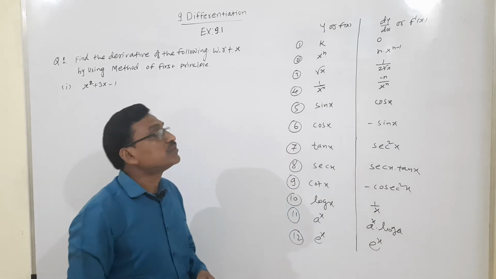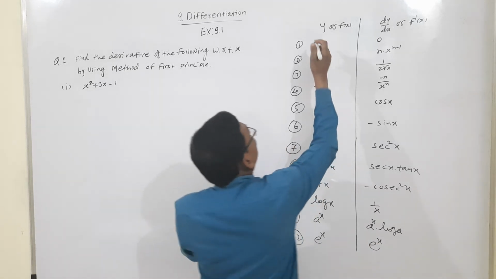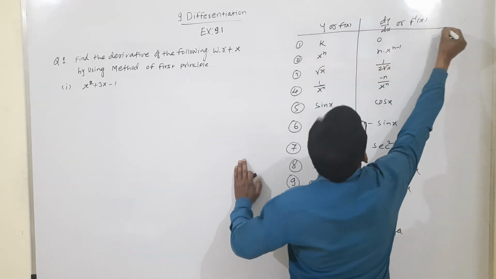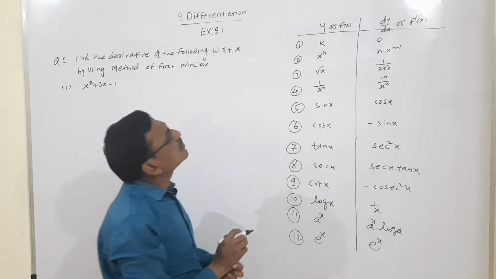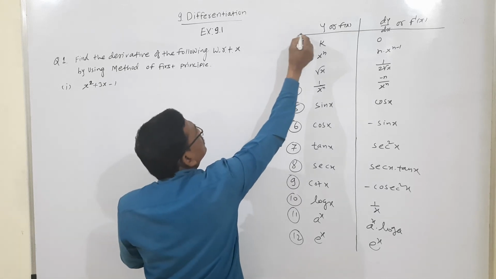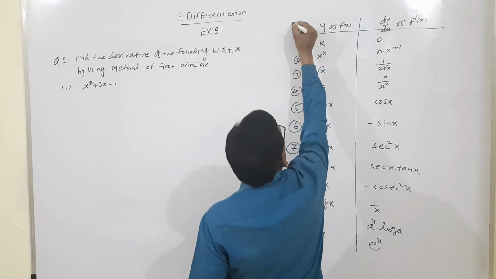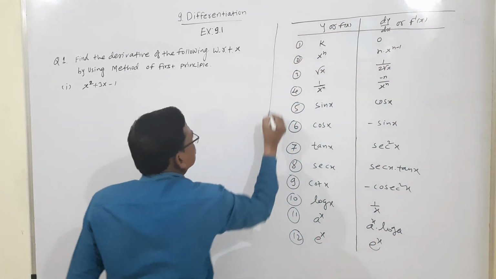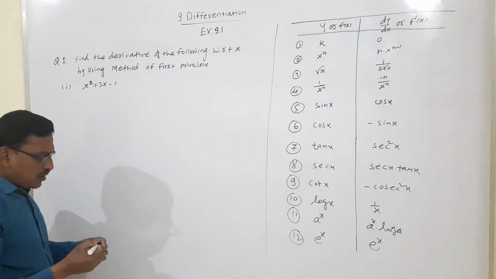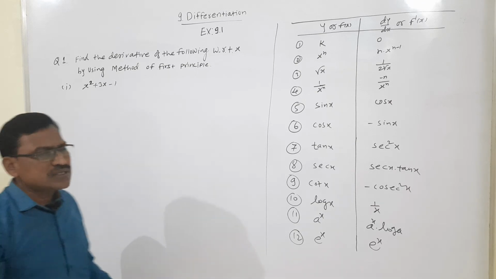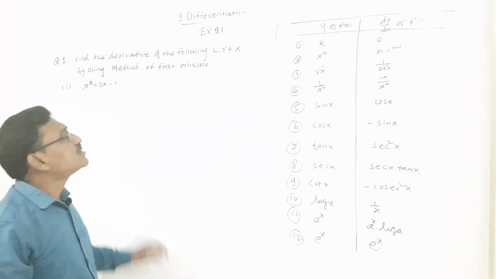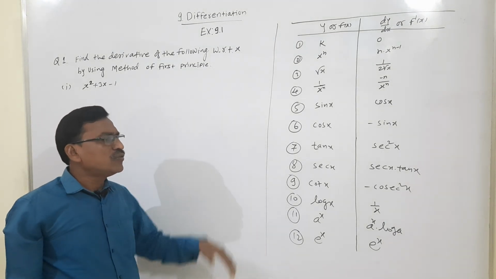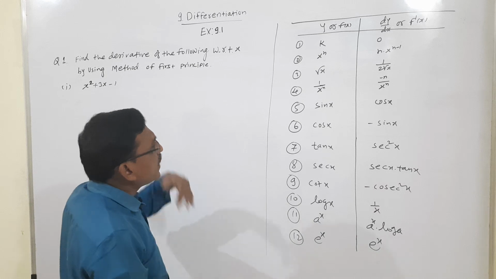So these are some standard functions whose derivatives are given here in the table. Now, by using the derivatives of standard functions, we find the derivative of functions in the next questions.